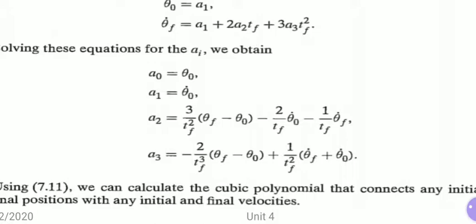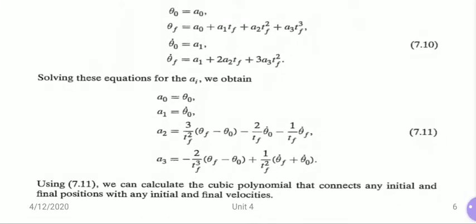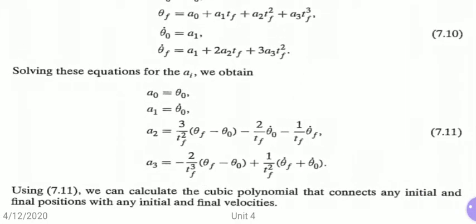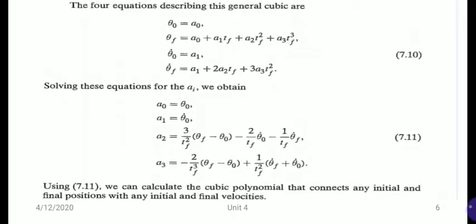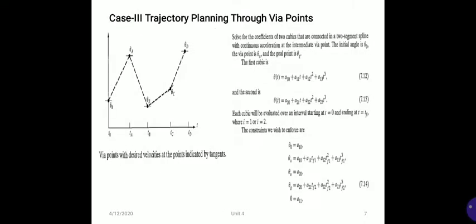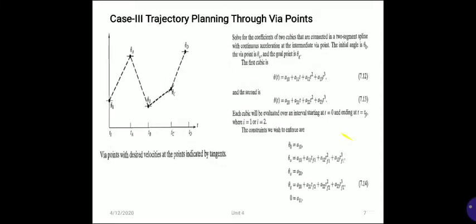So these two terms in a2 and a3 get added when the initial and final velocities are not 0. As in the earlier case, we can find the values of theta t, theta dot of t and theta double dot of t.